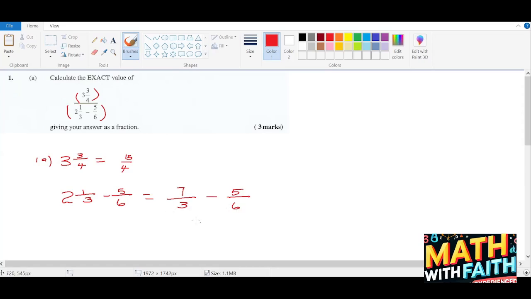So we have to find an LCM, and that's 6, right? And to make this denominator 6, I have to multiply by 2. Therefore, I must multiply our numerator by 2. 7 2s are 14. And this is already 6, so I just keep my 5 here. 14 minus 5.